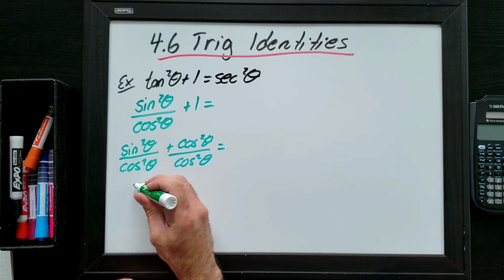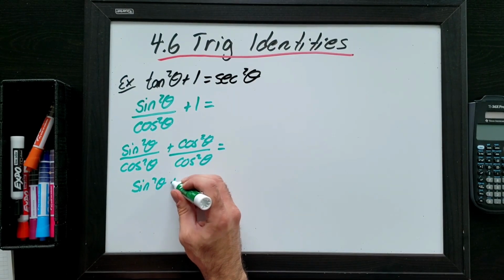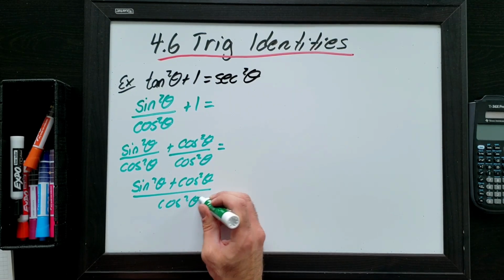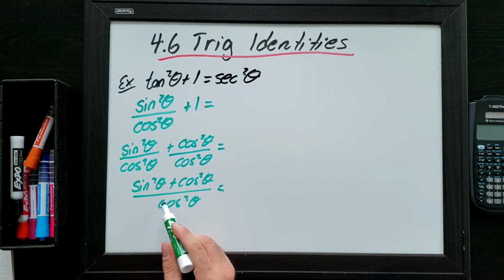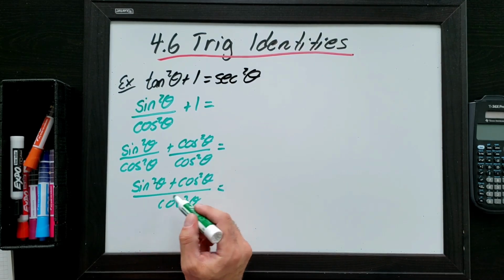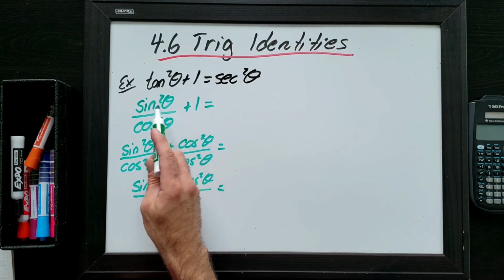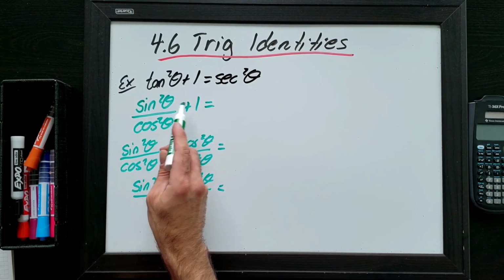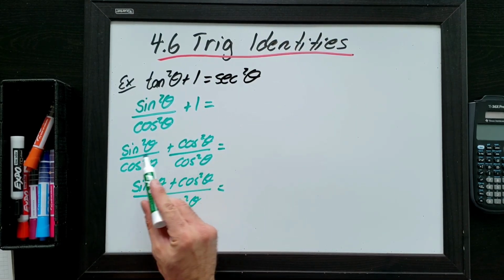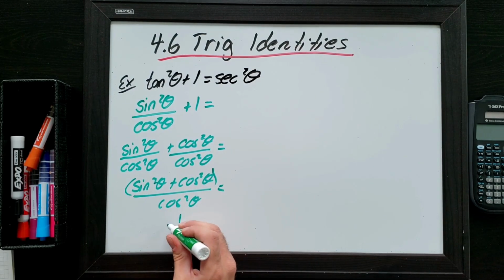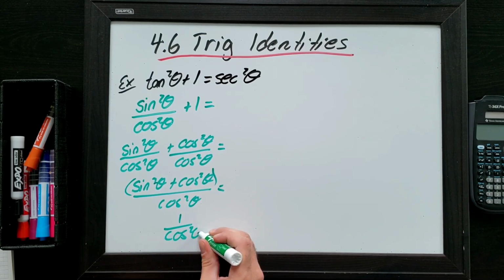And now that they have a common denominator, I can write the numerator over 1 denominator. Just combine the numerator. And now I'm going to analyze for Pythagorean identity. I could have done it early, but I didn't see anything. I saw the sine squared theta plus 1 over here, and that was kind of piquing my interest. But now that I collected the common denominator, I see for sure that this up here is just Pythagorean identity. So I'm converting that to a 1.